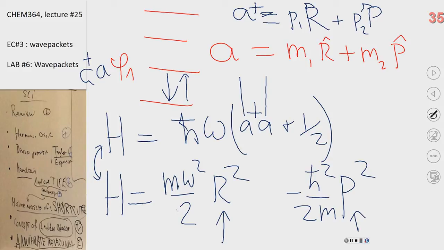If you select coefficients in a smart way, so that rp and pr will not be there, then we may come to the same Hamiltonian. Make sense? So if we select coefficients in this linear combination in the right way, then this expression visually will be equal to this one.